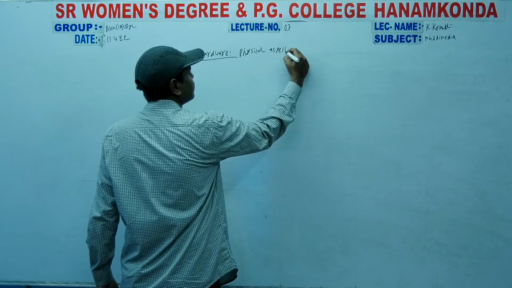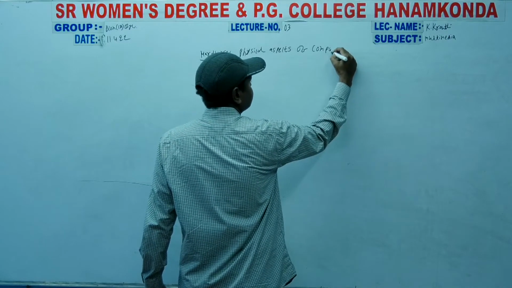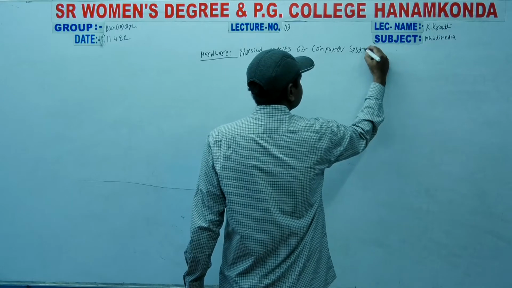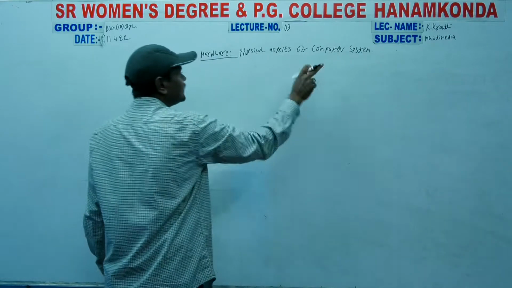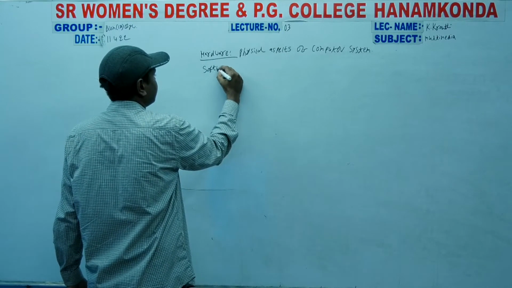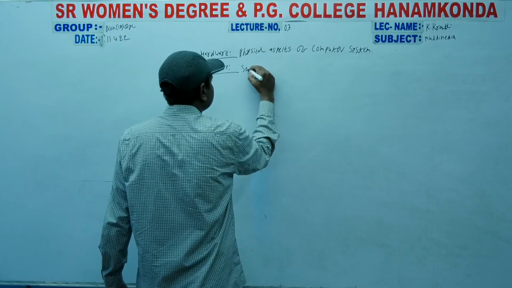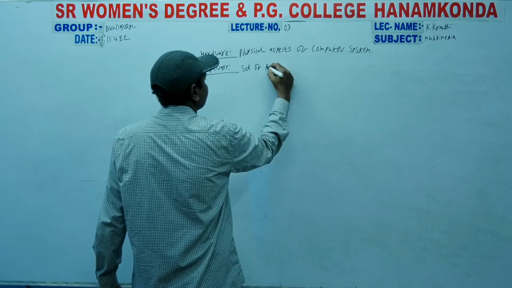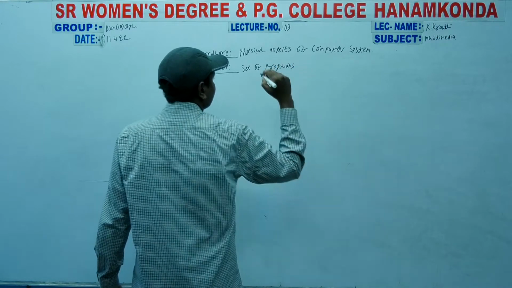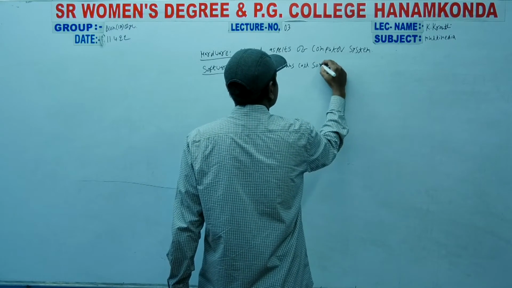Physical aspects of the computer system is called hardware. Next is software: a set of programs is called software.